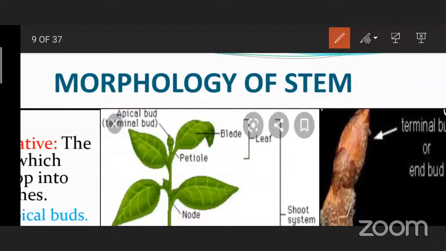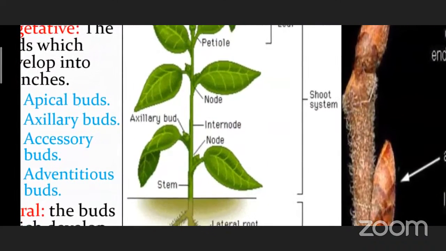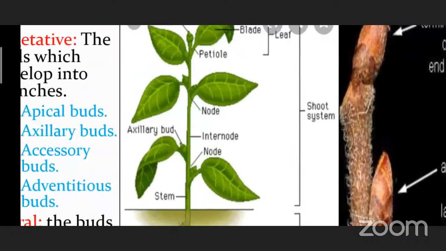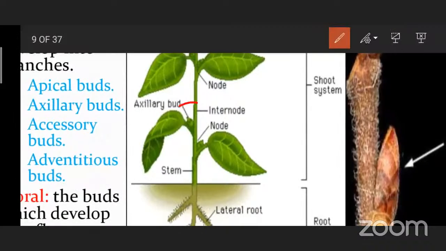Next, axillary bud. These are axillary buds located in the axils of leaves. See here, this is an axillary bud. The bud located in the axil of the leaves is known as axillary bud.